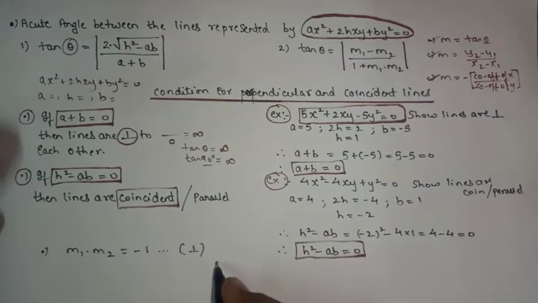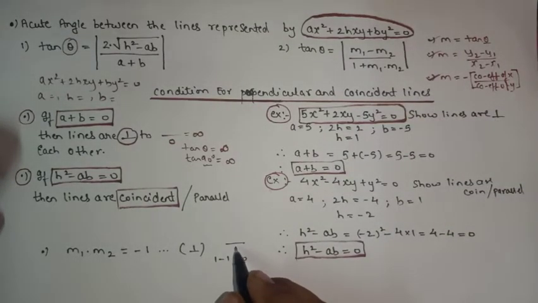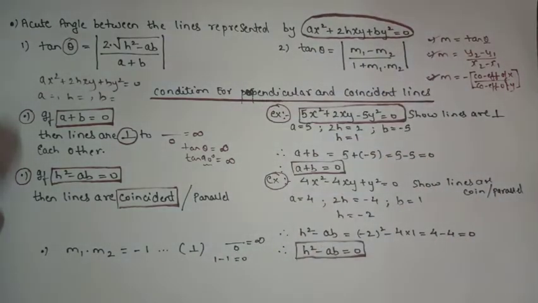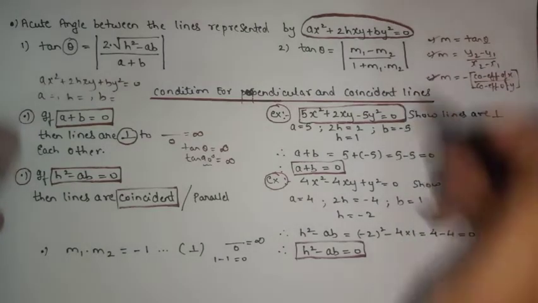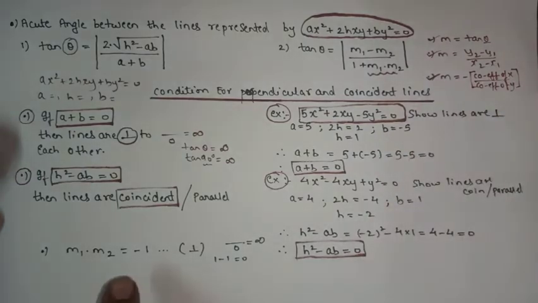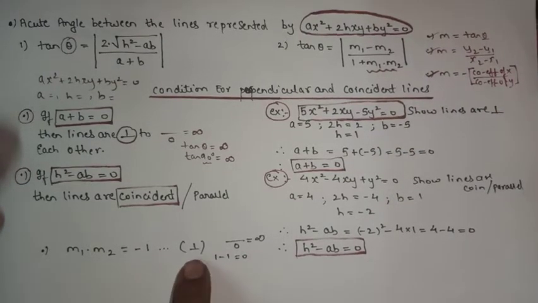So this part, 1 minus 1, will be equal to 0. So here can I say the denominator is equal to 0? Denominator equal to 0 means what? Not defined. So tan theta is not defined, so theta will be equal to 90. So from this we can say that if the product of the slopes is equal to -1, the lines are perpendicular.